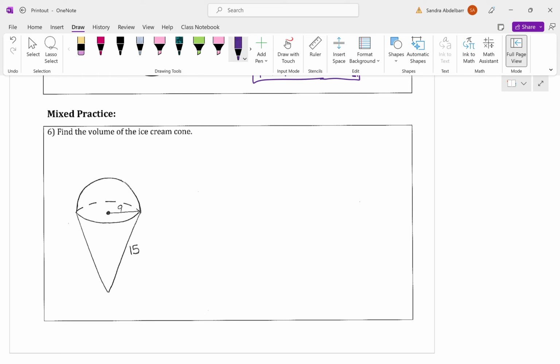All right, so I'm going to start off by finding the volume of the cone, and then the volume of the hemisphere. The volume of a cone is 1/3 area of the base times the height. So we have 1/3 pi 9 squared. I do not have a height. I need to draw my altitude.